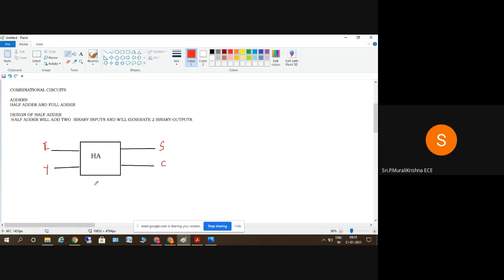This is the block diagram of the half adder, which generates two outputs with two inputs x and y.